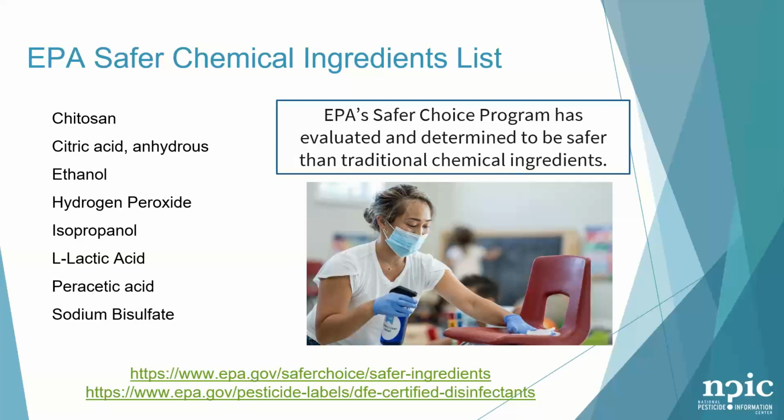And I put the URLs to find those lists, but I think also a Google search of EPA Safer Choice Program disinfectants would probably take you there as well if you wanted to learn more about those.